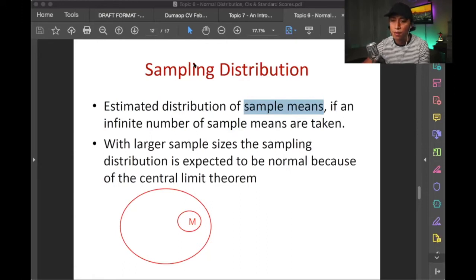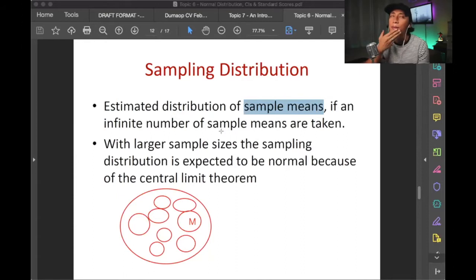So if you do that a number of times, you collect multiple samples from the population, and from each of these samples you have a mean. Then you have a collection of sample means. And those sample means also form a distribution, just like raw scores.